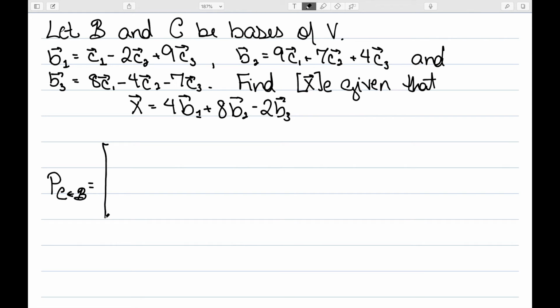And like I said, the change of basis matrix comes from the C coordinate vectors of the basis B. So I'm going to use these coefficients for my columns. My first column is going to be 1, minus 2, 9. My second column will be 9, 7, 4. And my third column is 8, minus 4, minus 7.